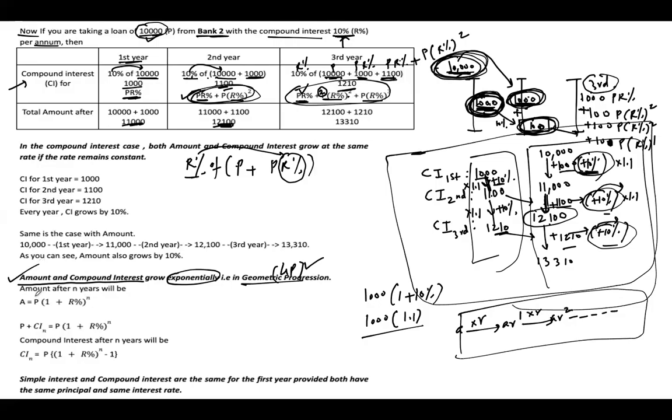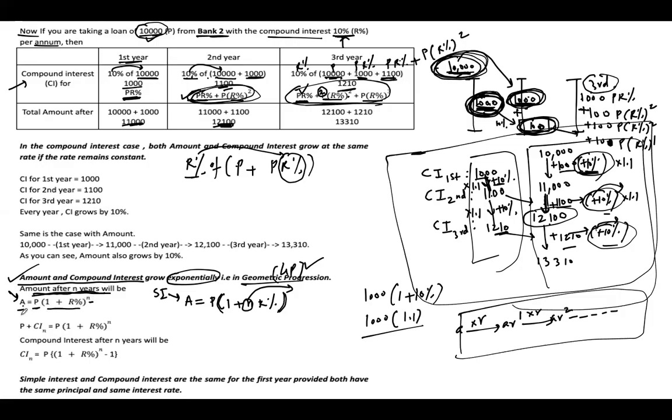Important point: the amount after n years. You can directly remember the formula. No need to go into these things, just for simplicity. Amount after n years will be the principal. With respect to simple interest, we were saying amount is principal times (1 plus n r percent). Similarly, for compound interest, you take this n outside the bracket and onto the power: 1 plus r percent to the power n.